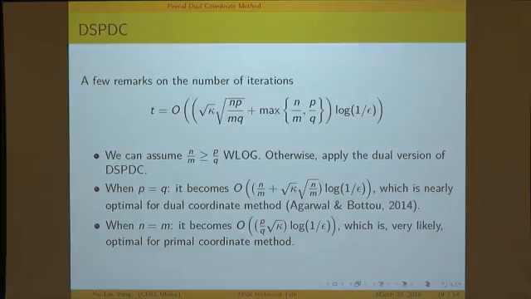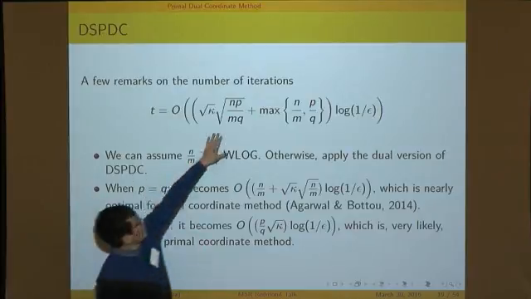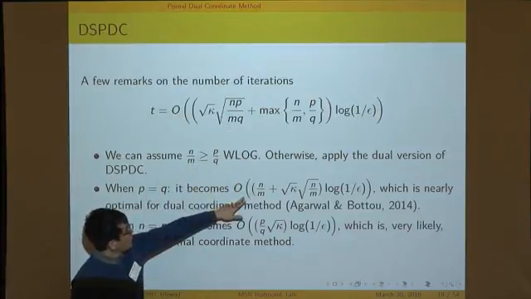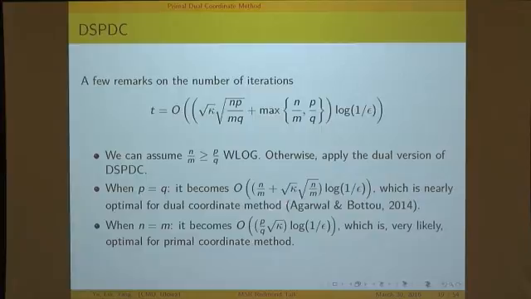Look at the first one, the one above. Just look at the coefficient of kappa, the square root of kappa. You have the square root of kappa, square root of n over m, right?